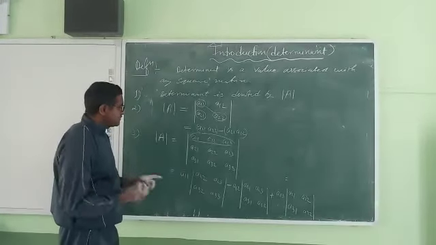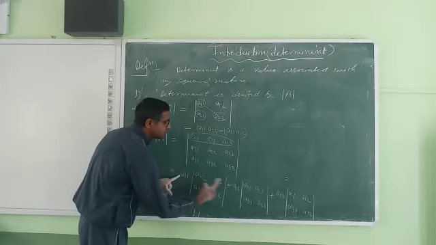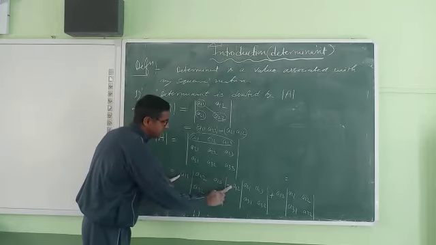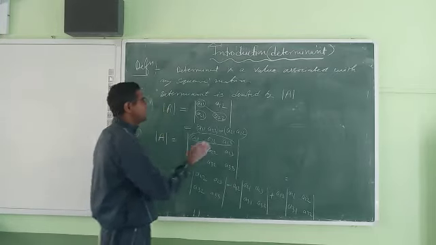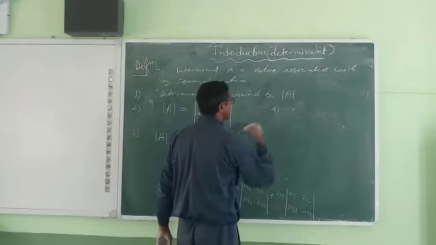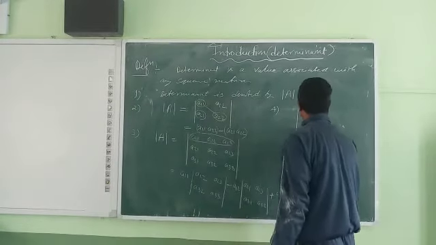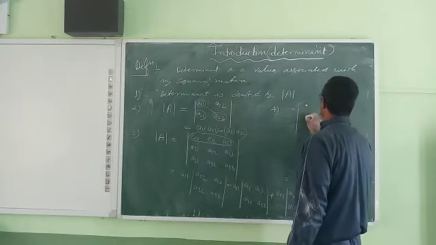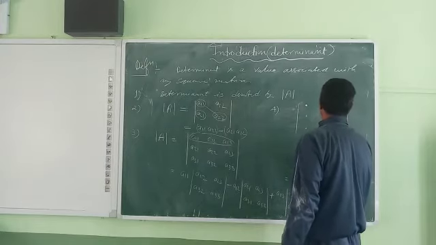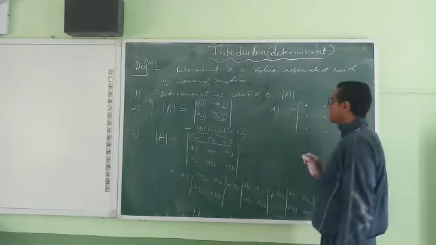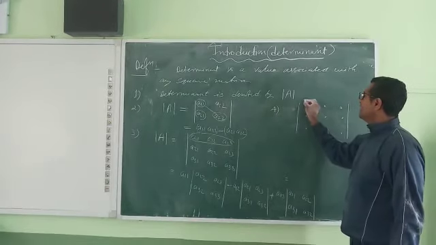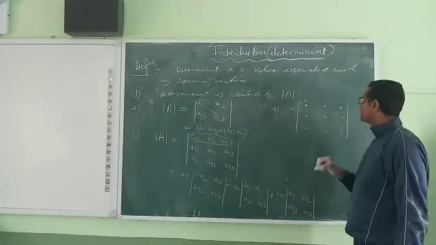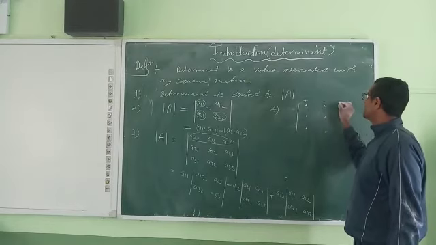Okay. What is the reason behind writing the signs plus, minus, plus? I will tell you about the sign convention. Let us suppose we have a determinant of order 3 by 3 having 9 elements. Okay. I will write plus sign for this element, then minus, then plus.